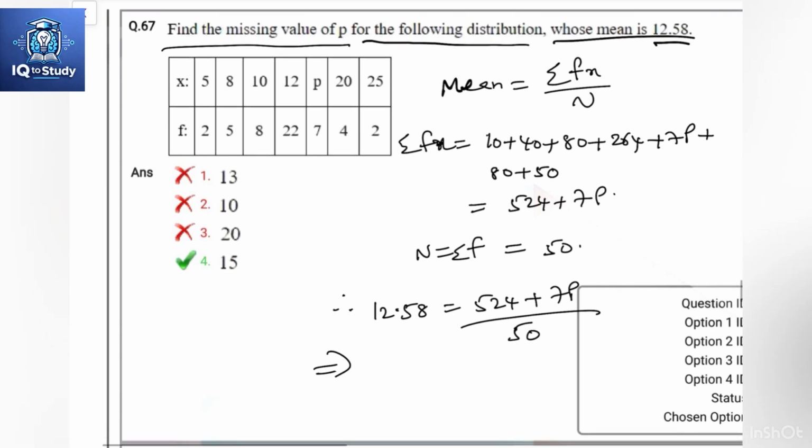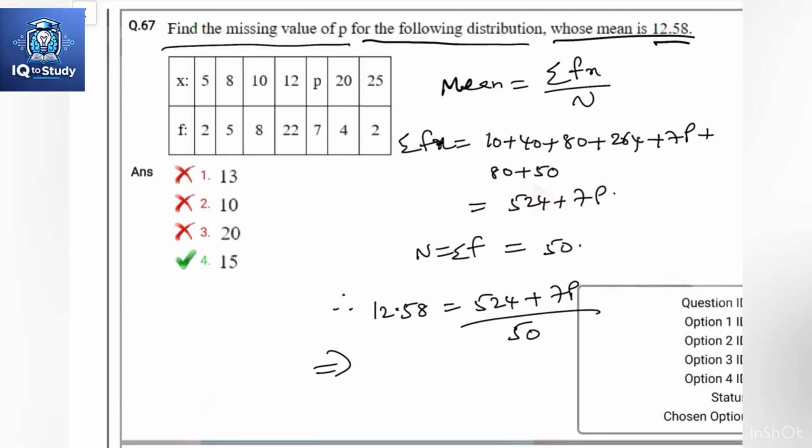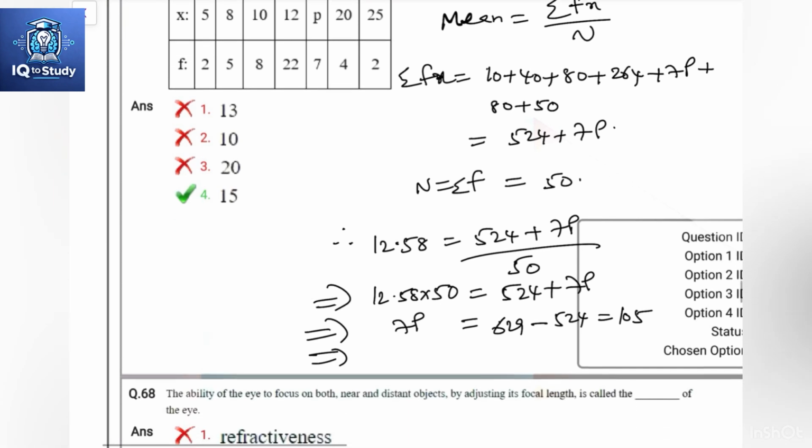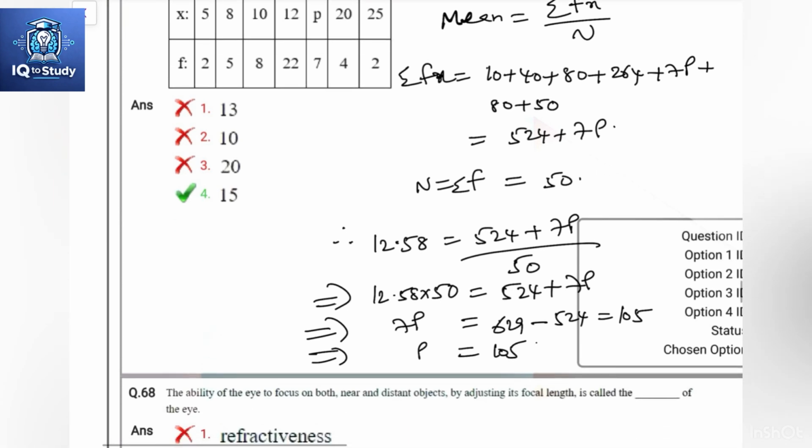Let's simplify this. 12.58 into 50 is equal to 524 plus 7p, which implies 7p is equal to 629 minus 524, which is equal to 105. That implies p is equal to 105 divided by 7, which is equal to 15. So option 4, which is 15, is correct.